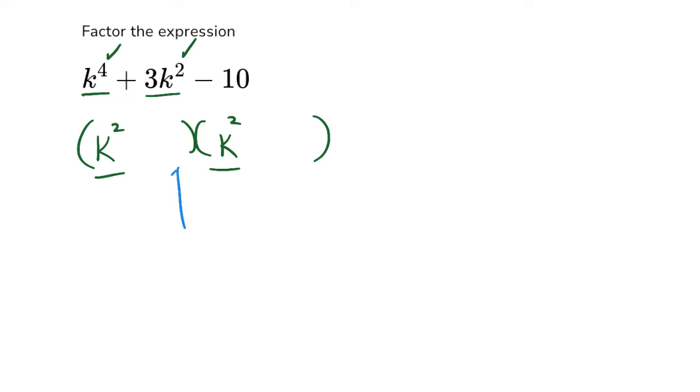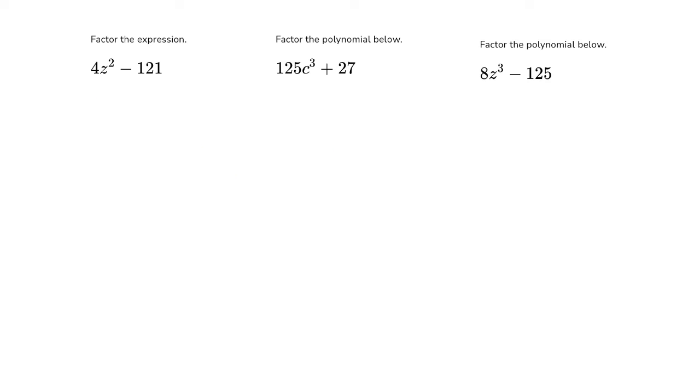And whatever goes here and here, they still have to multiply to c. So 10 in this case, so that's 2 times 5, positive and negative. Now they add up to 3 in the middle, and that's your factorization. You don't have to go to all that work of substitution. Just recognize, hey, it's going to be a k squared and a k squared. That's all of our three-term polynomials.